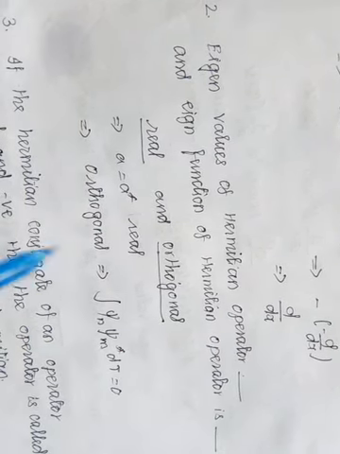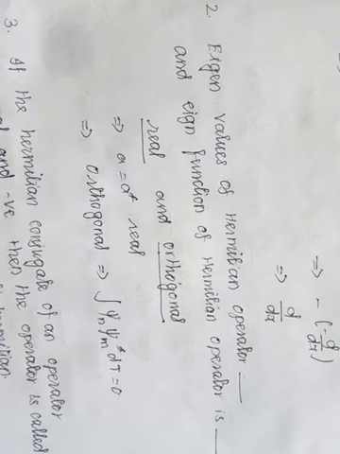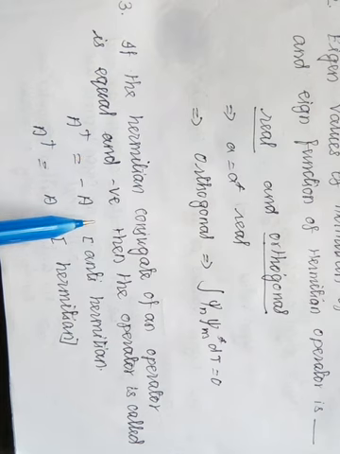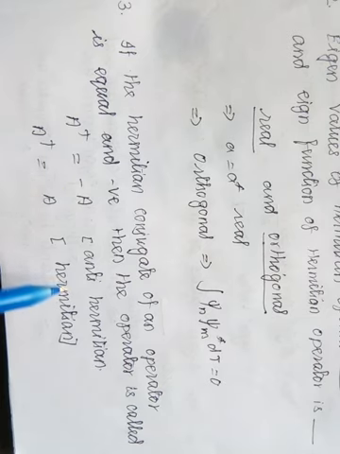Then it is called orthogonal. The next question is, if the Hermitian conjugate of the operator is equal and negative, then the operator is called. When you take a Hermitian operator, its value is equal and it is in the negative sign, then it is called an anti-Hermitian operator. If it is the same and positive sign, they are called Hermitian operators.